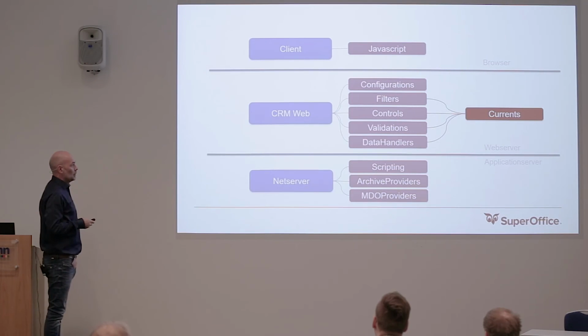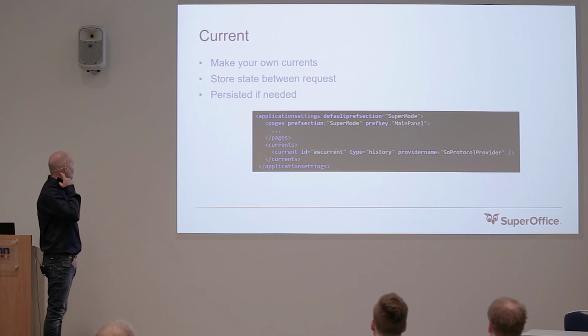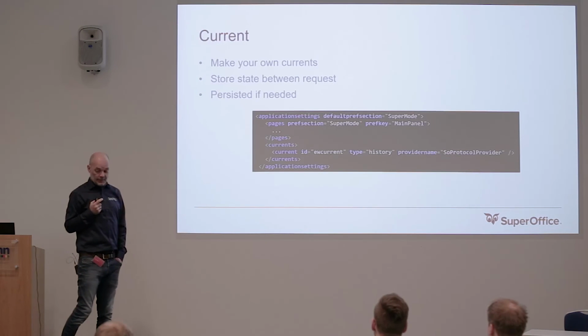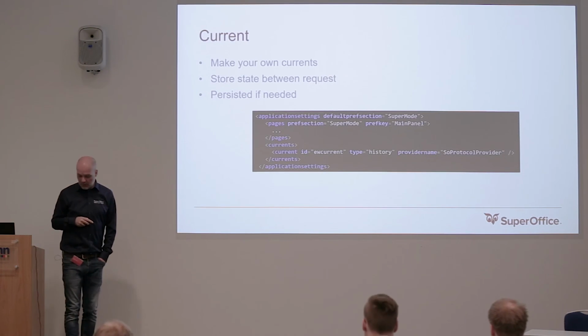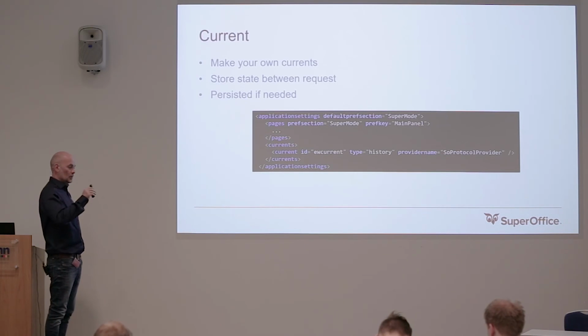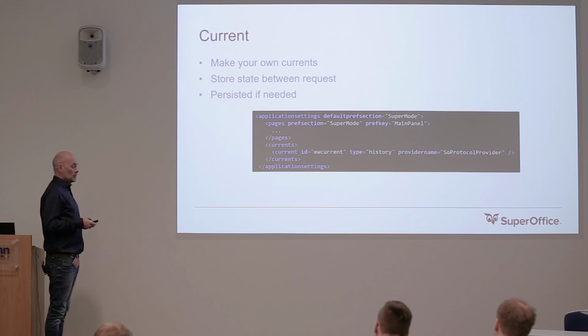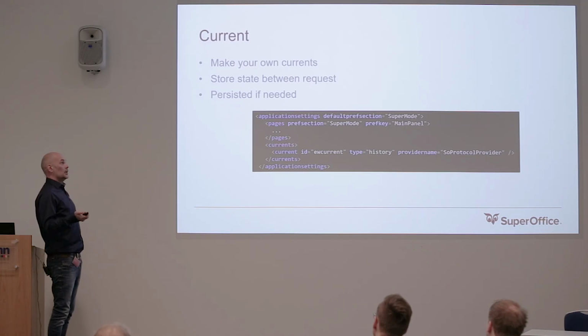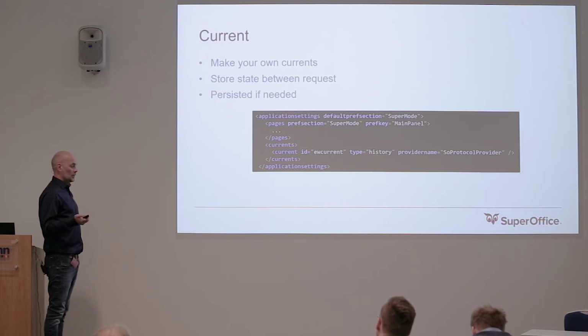I'm going to talk a little bit about currents before I go into the other stuff. Currents. Current is basically state. Current is what lives from request to request. We use it for many things. We use it as what is the current contact, what is the current project, what is the current sale, and things like that.